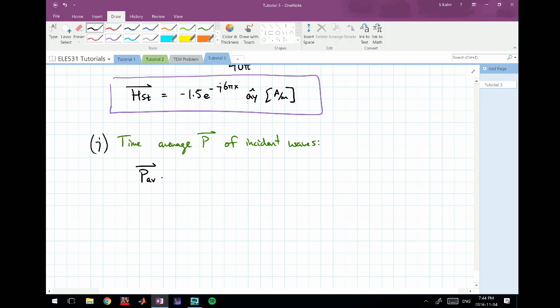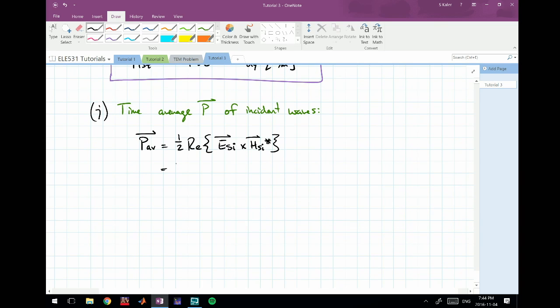So we define this as 1/2 real of ESI cross HSI conjugate. And this is going to be 1/2 real of 120 pi e to the minus j 2 pi x, remember, we're in free space here because it asks for the incident waves, in AZ. I'm taking the cross product with minus e to the minus j 2 pi x ay.